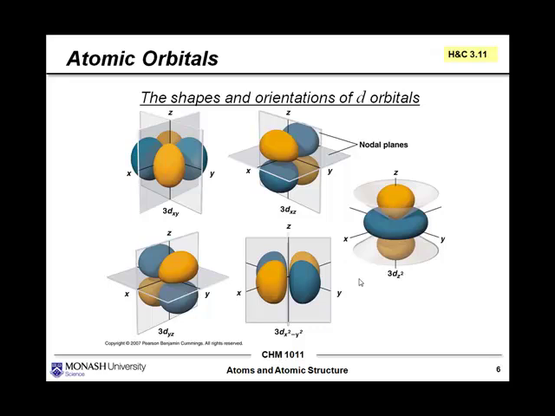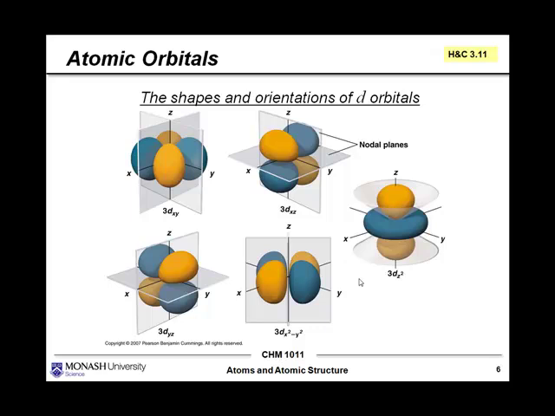Or you can say that the lobes are in the xy plane, and that's where this orbital gets its name from. In the 3dxz figure, you can see that the lobes exist in the xz plane, and you have nodal planes in the zy plane and also in the xy plane, and so on for dyz.